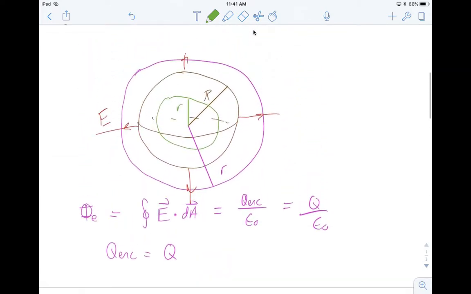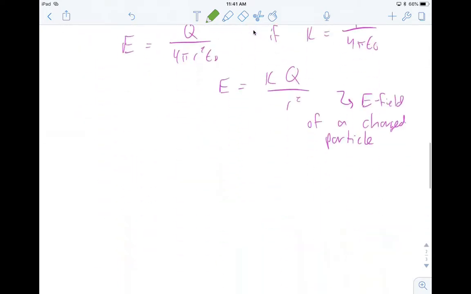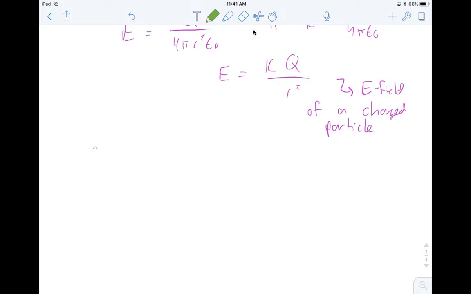So I have the closed integral of E dot dA, and this is part A for the conductor, equal to Q enclosed over epsilon naught.